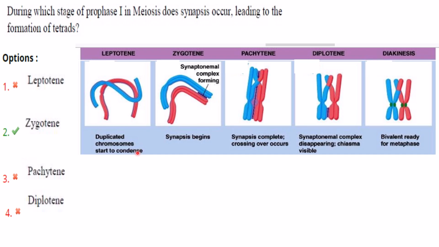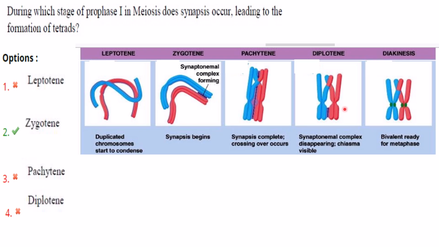Then the homologous chromosomes pair and synapse, thereby forming the synaptonemal complex. So zygotene, they are the tetrads. Then pachytene, synapsis is complete, and crossing over takes place between the non-sister chromatids of homologous chromosomes.